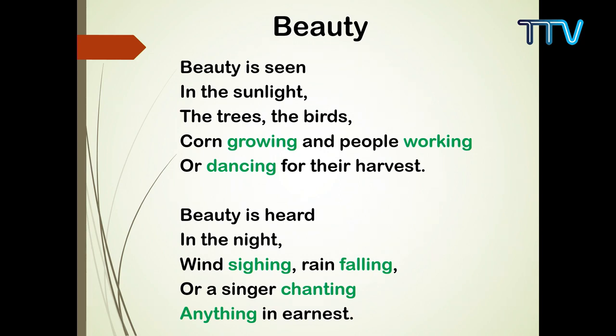So, now if you notice, I have highlighted some of the words. So, these are in a way like internal rhymes, corn growing, working. They don't appear at the end of the line, growing, working, dancing. Then you have sighing, falling, chanting, anything. Okay. So, this is again a poem with 5-line stanza, not 4-line.